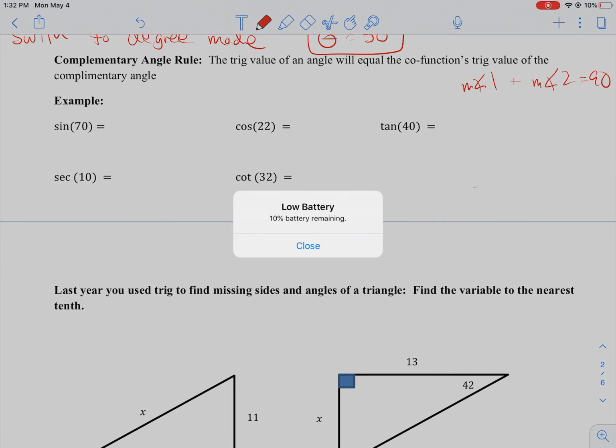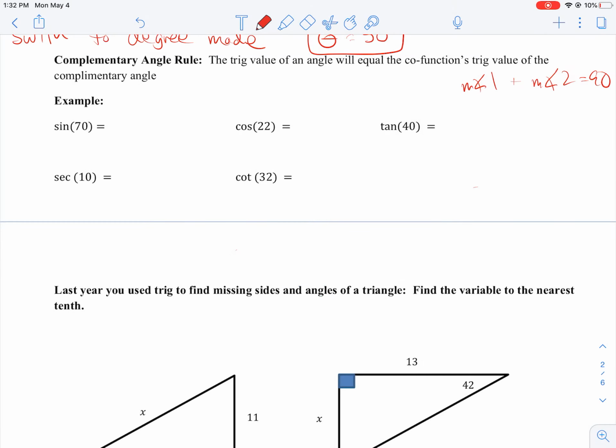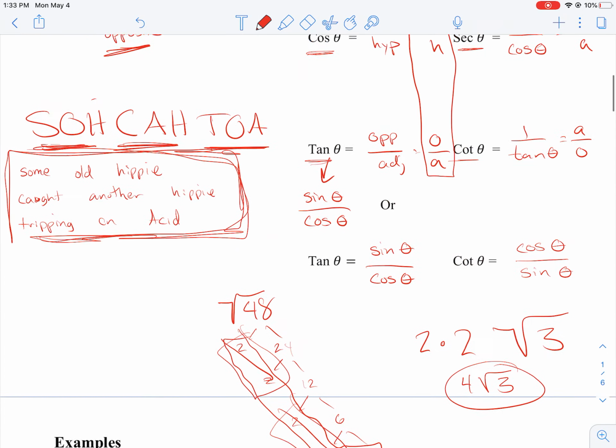So you look at the sine of 70. The trig value of an angle will equal the cofunction's trig value of the complementary of that angle. So the complementary of 70 degrees is 20 degrees. But we want to include the co-function's trig value. So go back up to the top here.